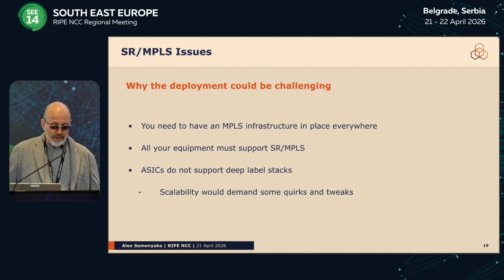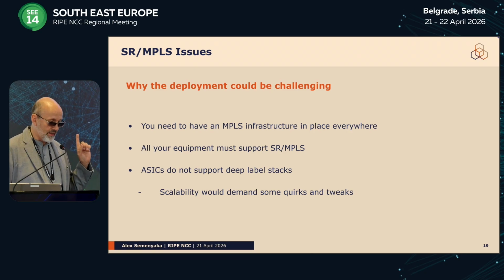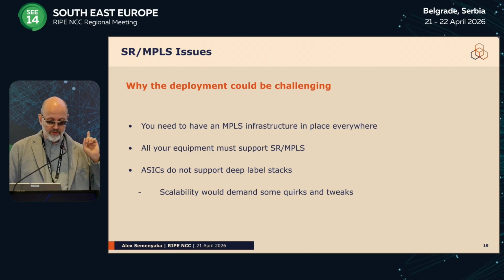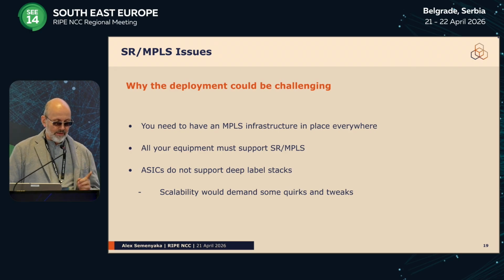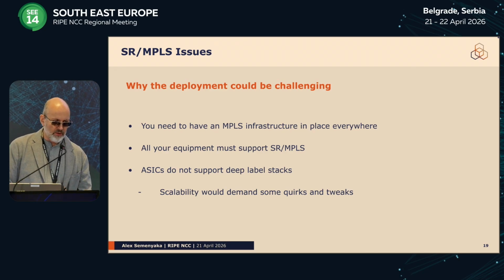So why? What issues do we have here? We still need to have MPLS everywhere, and not only MPLS, it's advanced MPLS. It's MPLS which understands segment routing, and when we come to this, ASICs don't like too many MPLS labels, so we have to deal with a small amount of labels. So we have to use some label compression and everything.